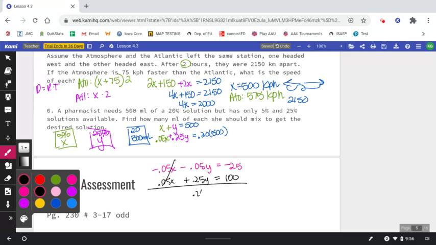So that would give me 0.20y equals 75. So 75 divided by 0.20 is 375 milliliters in the y. And I know that the total is 500. So that would leave me with 125 milliliters in the other.